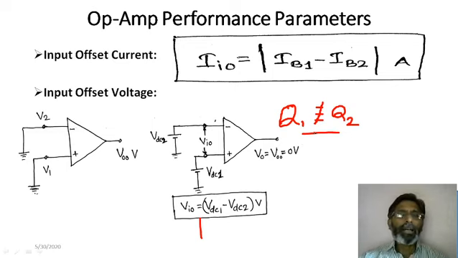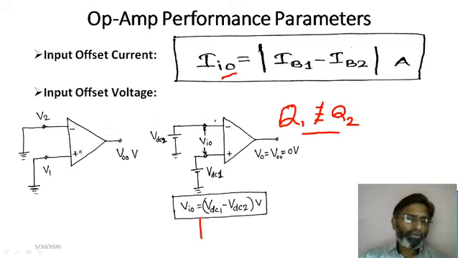It is represented by IIO, that is I for input and O for offset, that is input offset current, and it is given by the formula mod of IB1 minus IB2. And obviously for ideal op amp it should be 0, for practical op amp it should be as small as possible. Then next is the input offset voltage.